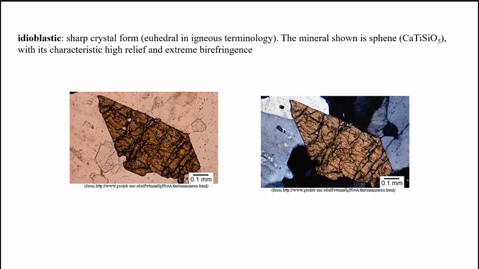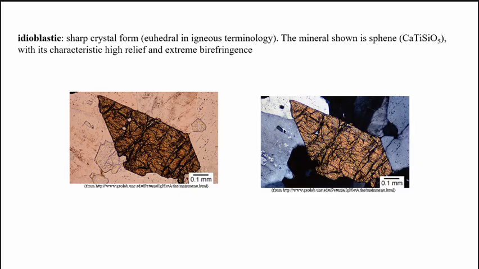In igneous rock, she's going to teach you. I brought it here because she has not taught you that. In igneous rock, it is called euhedral. You can hear that the mineral grains are euhedral in shape or in habit or in form. Habit or form is the shape of the mineral.